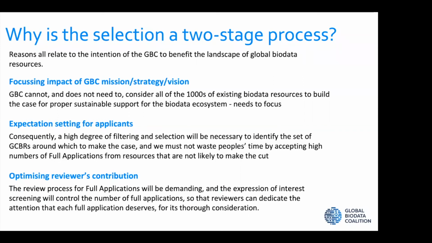So we don't want to use up people's time by accepting a very high number of full applications from resources that are not likely to survive the full application process. So we use the expression of interest stage to filter and set expectations for the applicants. Similarly, the reviewers have a big job on their hands.